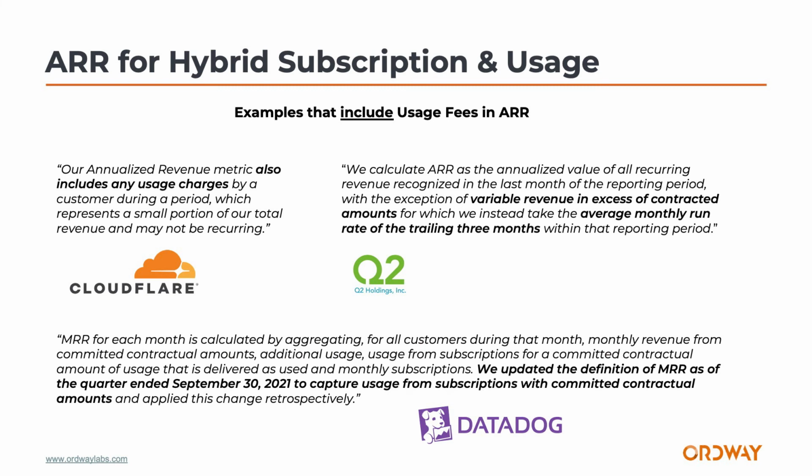Now, many SaaS and cloud providers that have hybrid subscription and usage-based pricing models do include usage fees in their ARR calculations. And you can see here some examples of publicly traded SaaS and cloud companies and the types of details they provide in their investor disclosures about their rationale for including those usage fees in ARR.